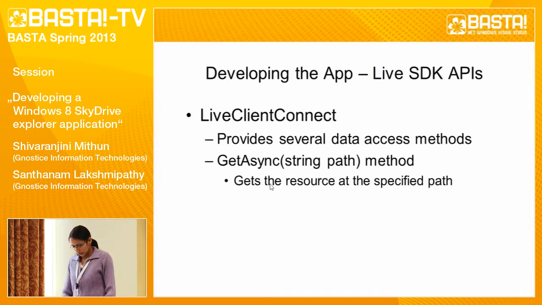This is the only class which we are using to implement the main features for our application. Earlier we used the LiveAuthClient class. Using that we could initiate sign-in, and now we are using the LiveConnectClient class to implement the main features for our application.